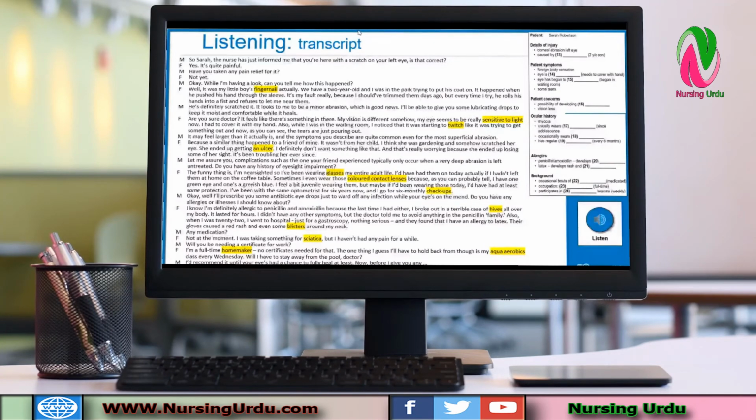So what I mean by that is we're going to take a look at what is on our page, and what is in the audio, and how we can use what's in the audio to help us, and how we can use what's on our page to help us, instead of making these things super confusing and super overwhelming, okay? So that's what we're going to do. So let's have a look.